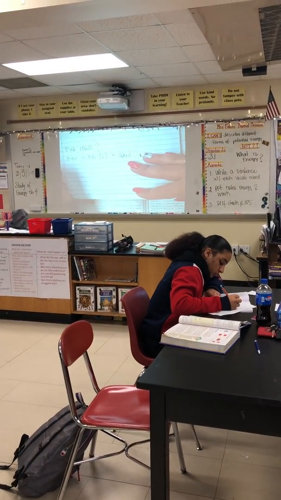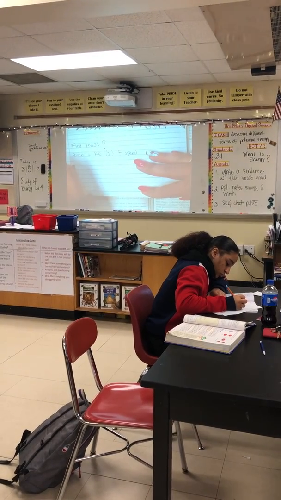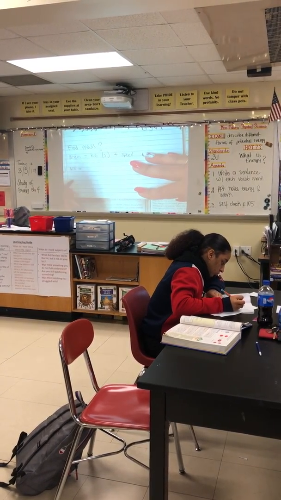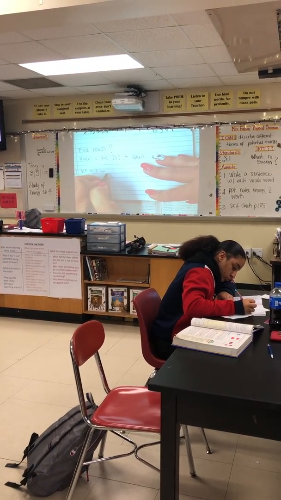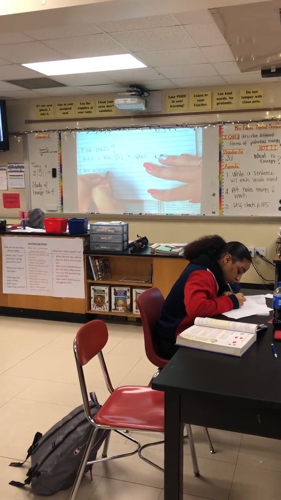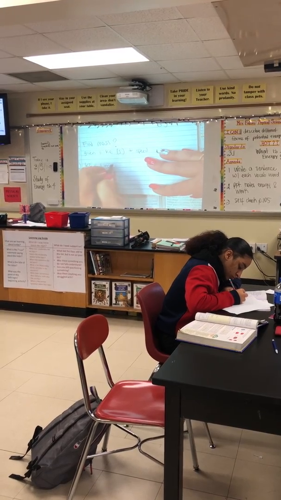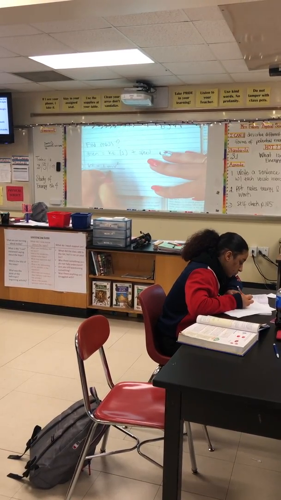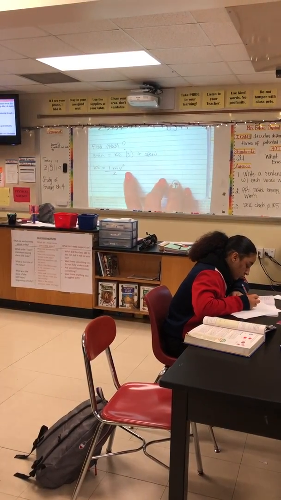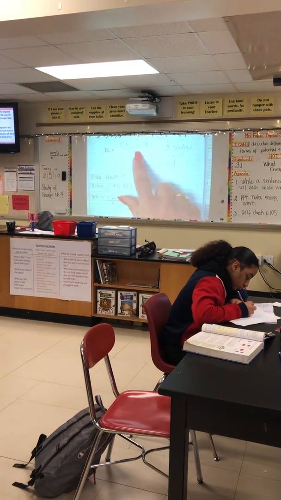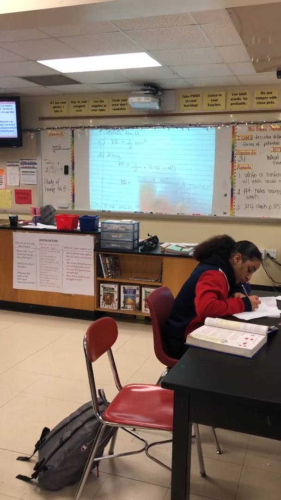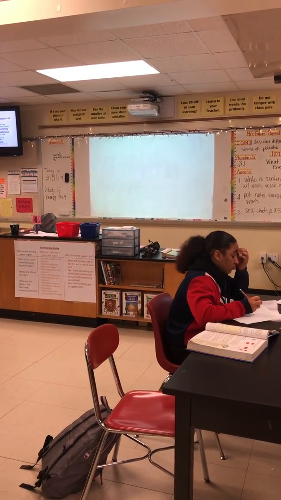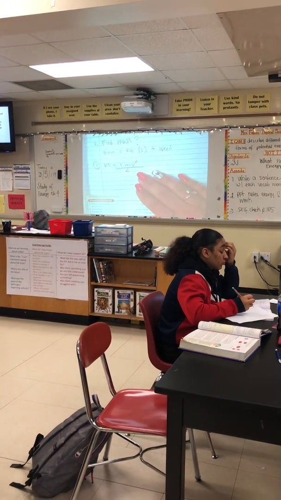What's my formula? KE equals 1/2 what? Mass times velocity squared, good. Isn't that the same formula as this one? All right, so let's plug in.